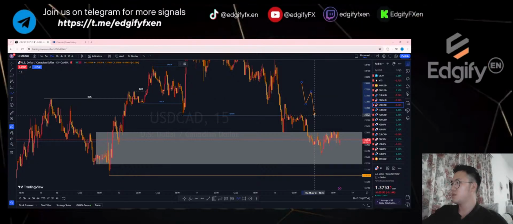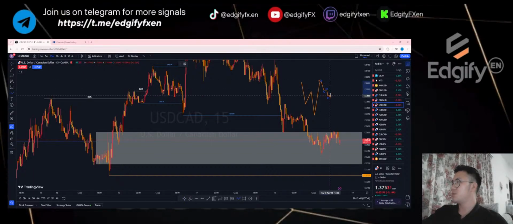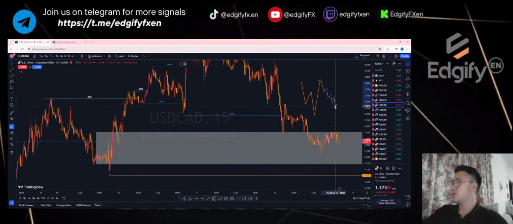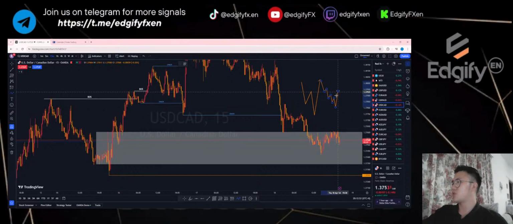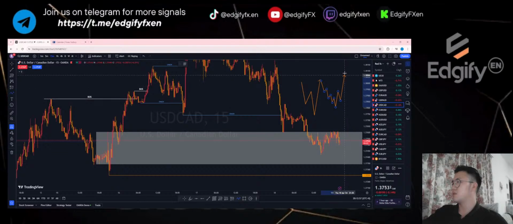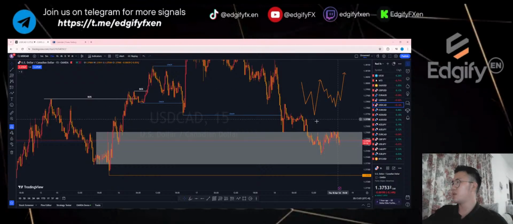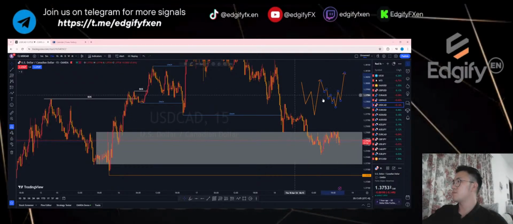The moment we have this confirmation, we'll go down to the minute 1. We'll wait for this to retrace on the minute 1, and then another change in the market structure on minute 1 here, and then we'll start buying back to the top. So this is minute 15 and this is minute 1, and minute 15 is also coming down at the same time.